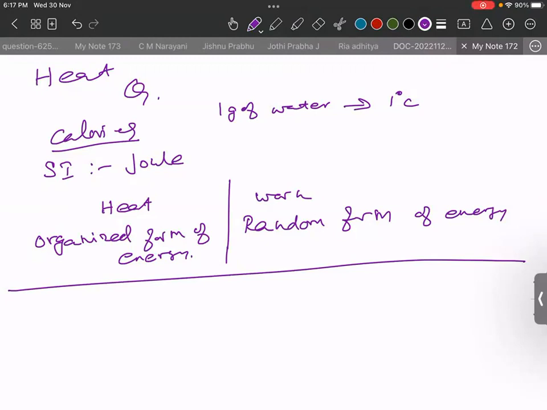According to the first law of thermodynamics, energy can neither be created nor destroyed, but you can convert one form of energy into another form. Energy absorbed by the system is plus Q. Work done on the system is plus W. So automatically the internal energy of the system will increase.